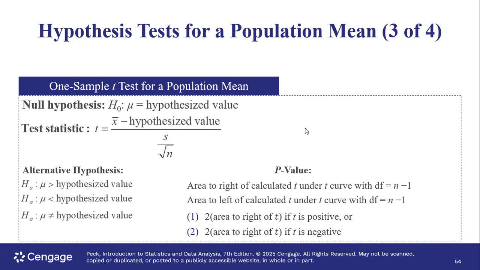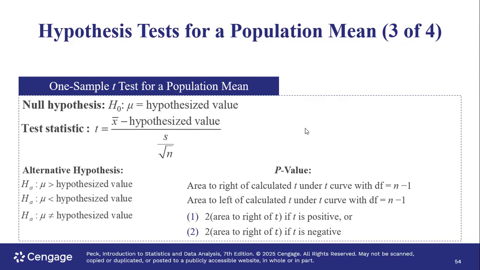The deviation, which is the difference, is divided by the standard deviation of the sampling distribution of X bar, which is given by the sample standard deviation S divided by the square root of the sample size.